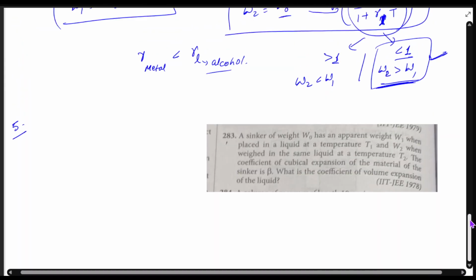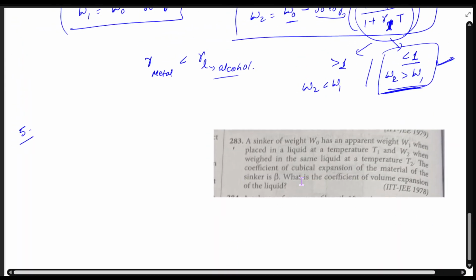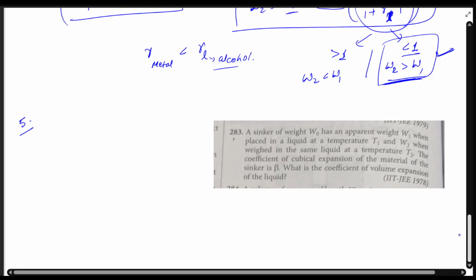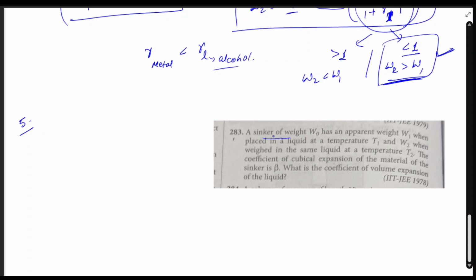This question is exactly the same as the above, but here the calculation is very typical. Look, the same question, sinker. Sinker means an object which is sinking in the liquid, has an actual weight omega naught. Apparent weight is W1 at temperature T1 and W2 at temperature T2.